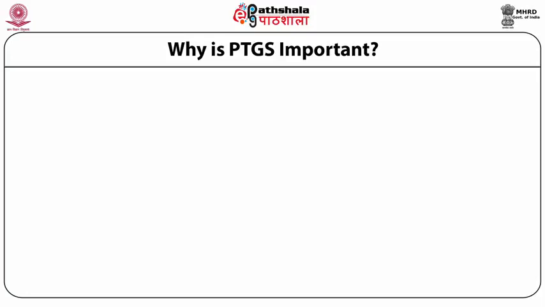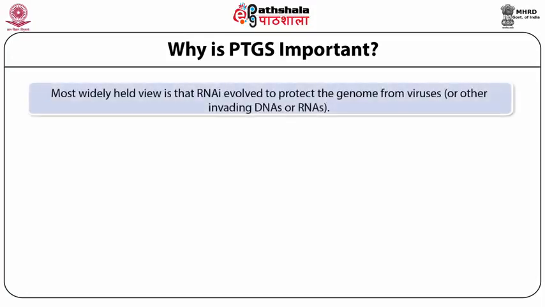They are just temporal. Why is post-transcriptional gene silencing important? The most widely held view is that RNAi evolved to protect the plant against viral infection. When the viral RNA is transcribed, this RNA needs to be neutralized, so the microRNAs produced by the plants can complement the viral RNA and form a double-stranded structure which gets subjected to degradation.